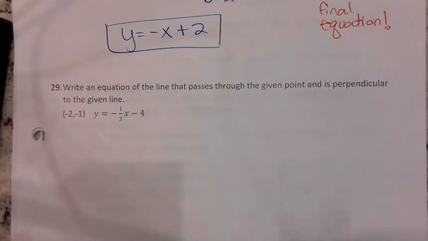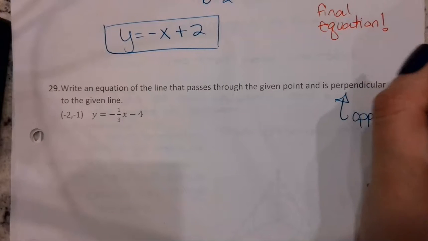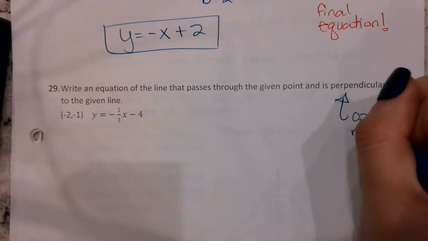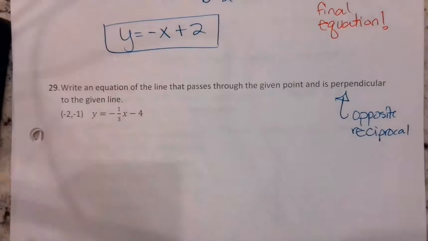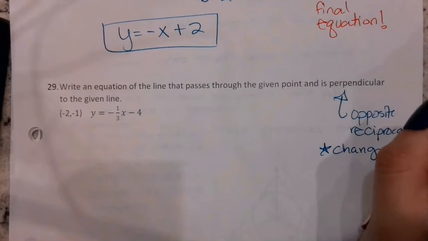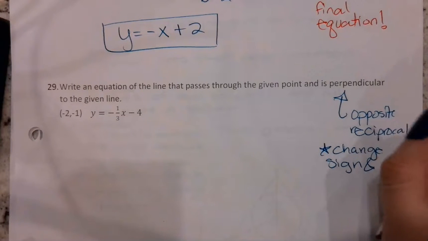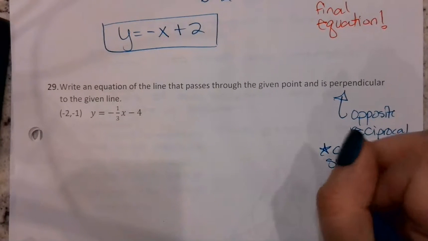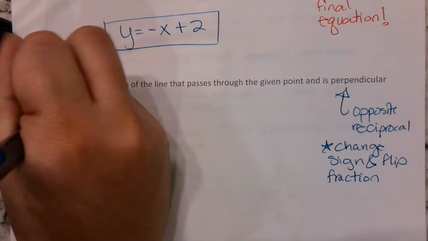Okay? When it's perpendicular, it's the opposite reciprocal. So that means opposite: I change the sign, and reciprocal: I flip the fraction. Okay, so this is my x and y.